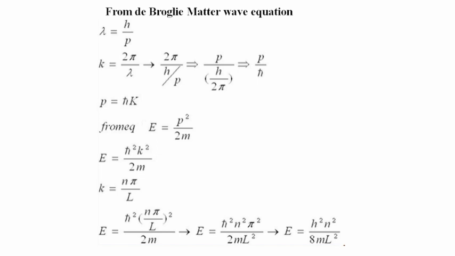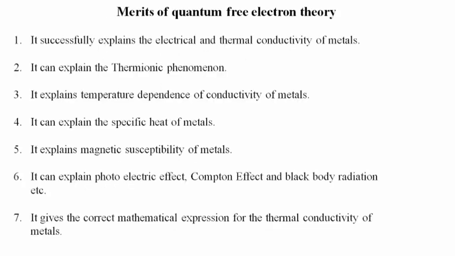Putting the value of k in the equation, E is equal to h cut square n square pi square by 2 m l square, and h cut is equal to h by 2 pi. So E is equal to h square n square by 8 m l square.